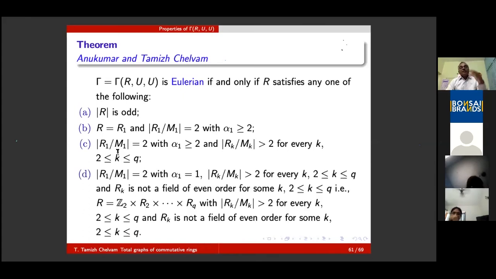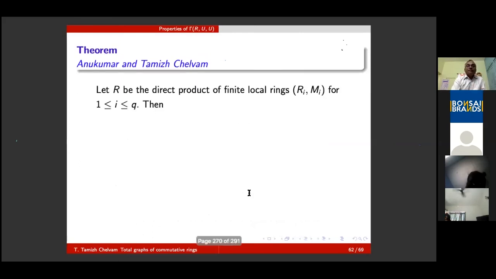In either of these cases, gamma is Eulerian. So please look into the last case. The first component quotient field is Z2, the exponent is 1, and for all other components, the quotient field contains at least 3 elements. These are the conditions in which this is Eulerian.